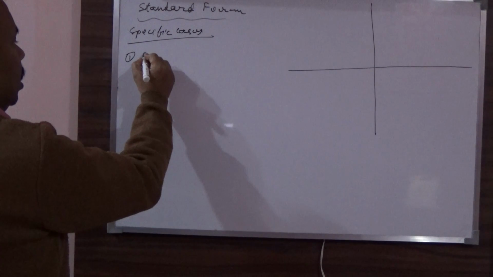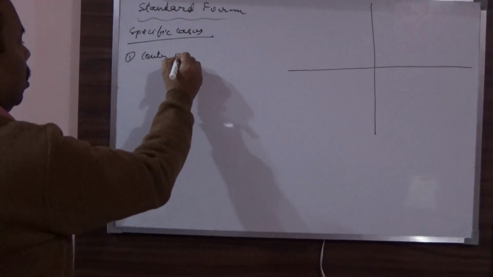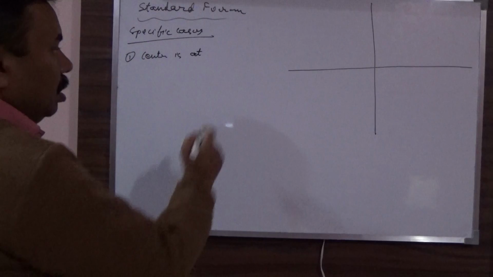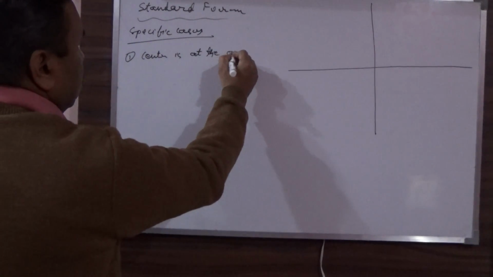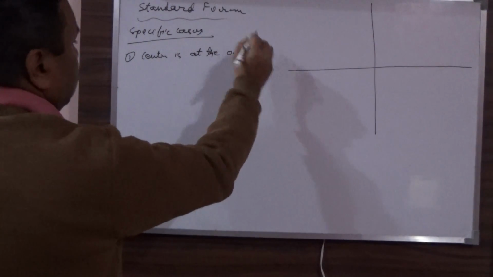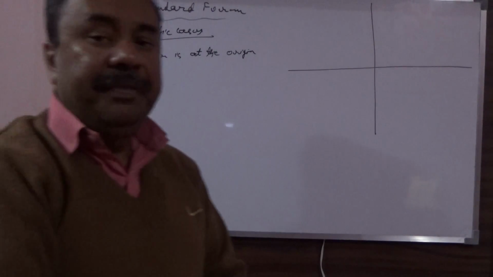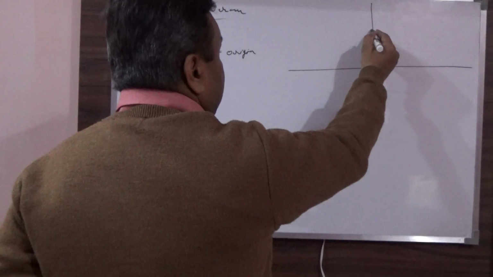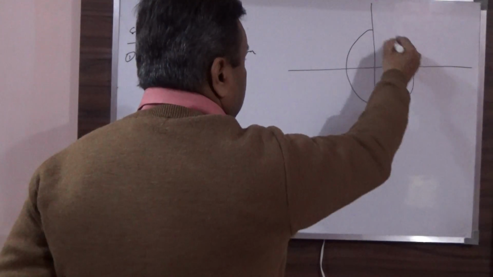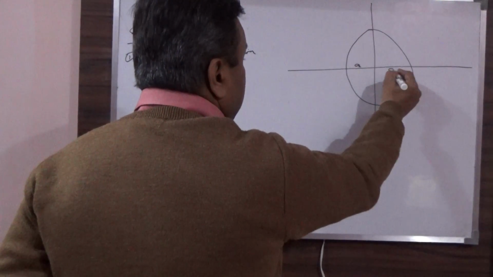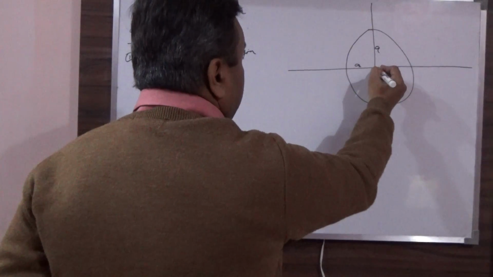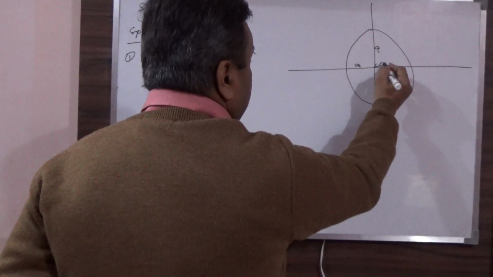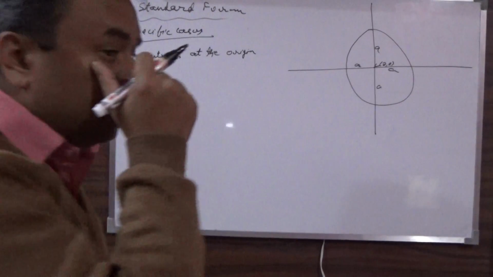Suppose that the center is at the origin. If the center is at the origin, that means the circle is like this. This is A, this is A, this is A, this is A, and the center is at the origin, whose coordinates are 0, 0. So what does it mean?